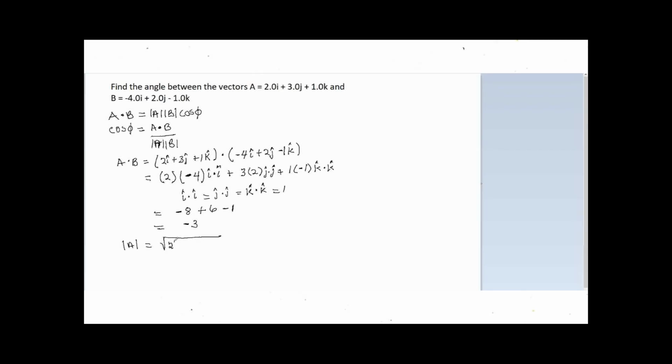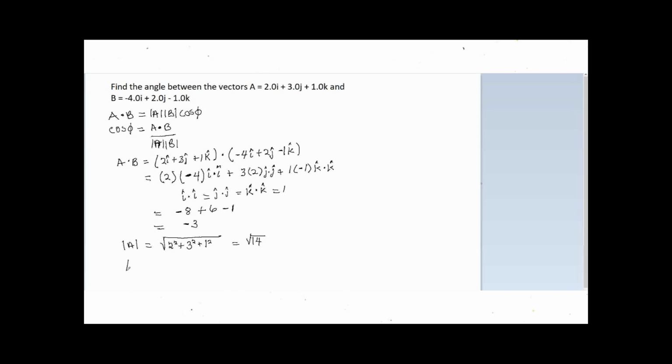The vector A is 2i plus 3j plus 1k. So we have 2 squared plus 3 squared plus 1 squared, and this is equal to square root of 14.